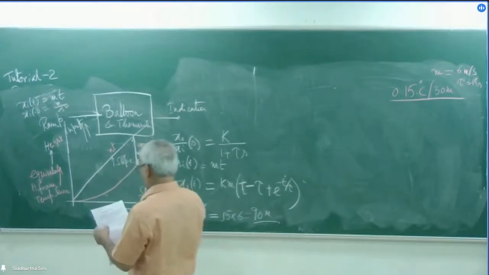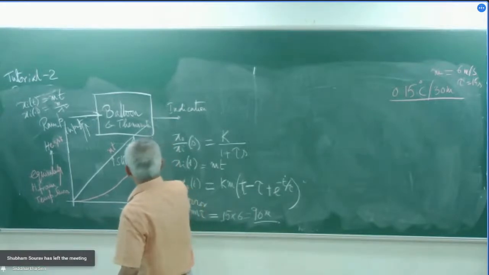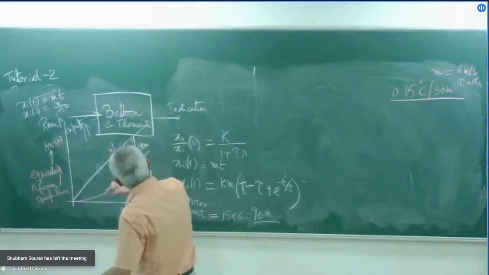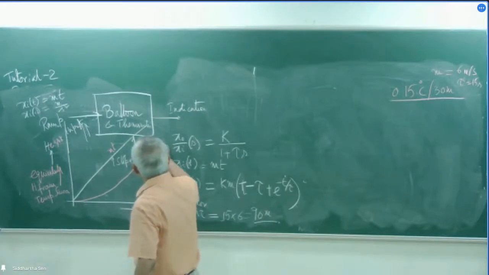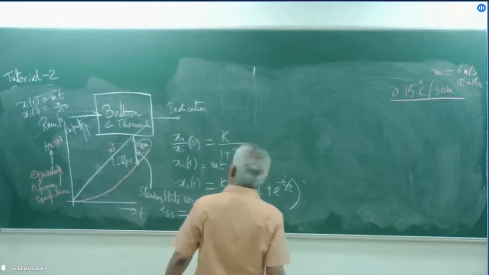What is the true altitude at which 0 degree Celsius occurs? That means the 0 degree Celsius has occurred long back, when it was 90 meter below.